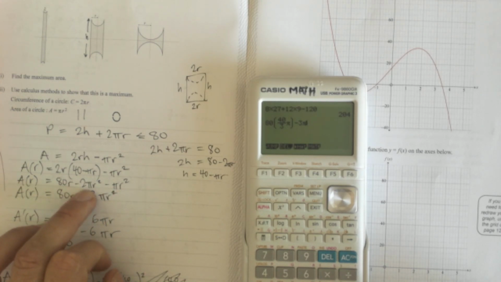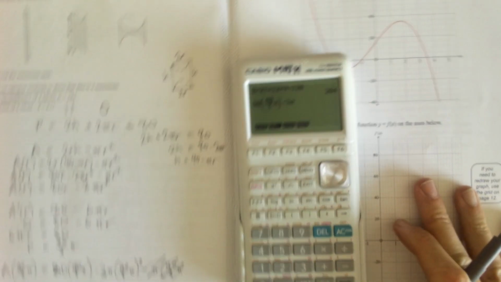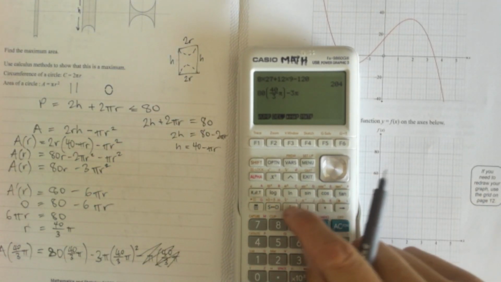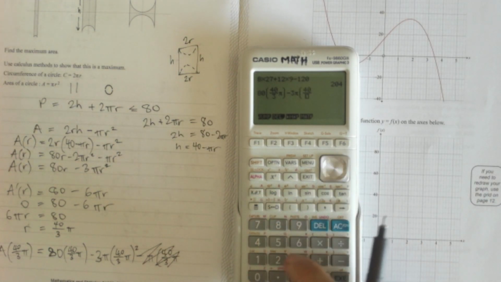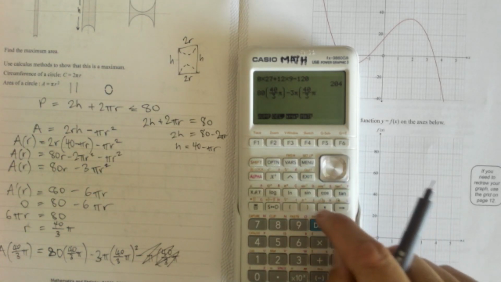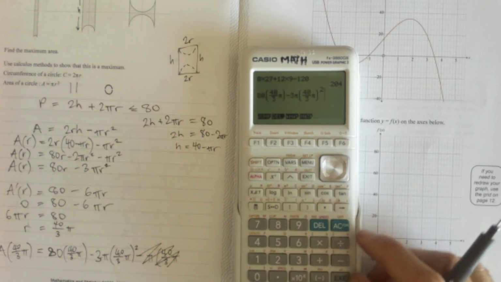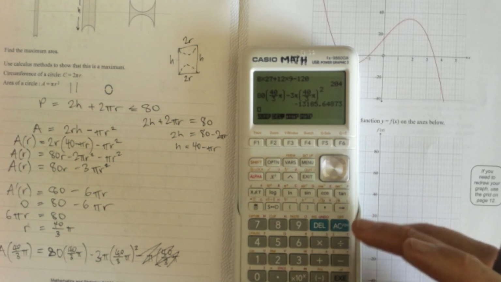If I was doing pi r squared minus... Ugh, dang it, I shouldn't have done this in the morning. 40 over 3. I'm going to come back and check this one at the end, but I can't.